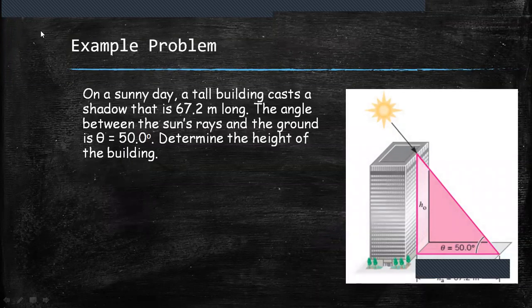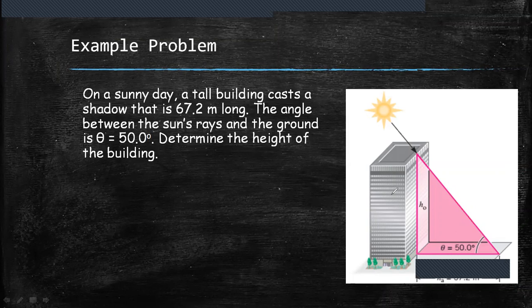Now, let's have an example problem. On a sunny day, a tall building casts a shadow that is 67.2 meters long. The angle between the sun's rays and the ground is 50 degrees. Determine the height of the building.